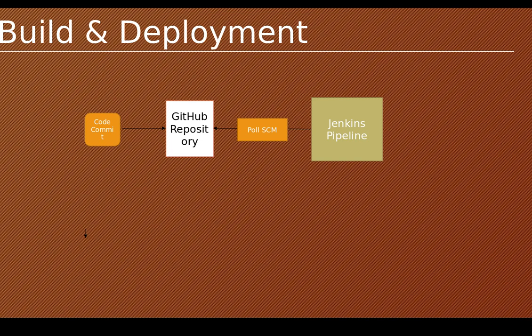We have different mechanisms also, like triggering the build when the code has new changes, or a periodic build at a particular interval, like daily, or weekly once or twice. Those kinds of configuration are very easy with Jenkins.